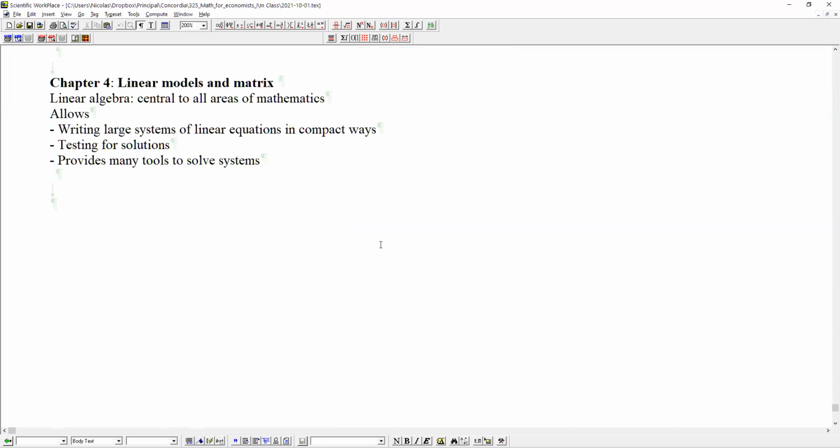So what about economics? In economics, you could have linear equations, but it would be very strange if the world always worked in linear ways. We probably know that demand equations are not totally linear and that supply equations are not linear.